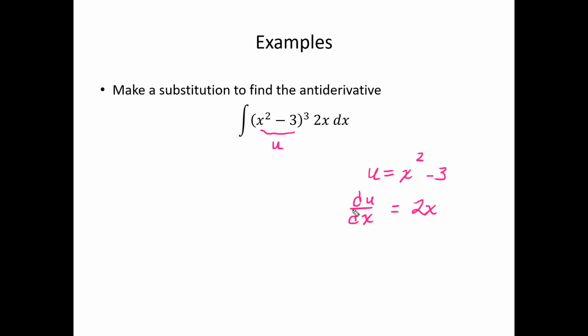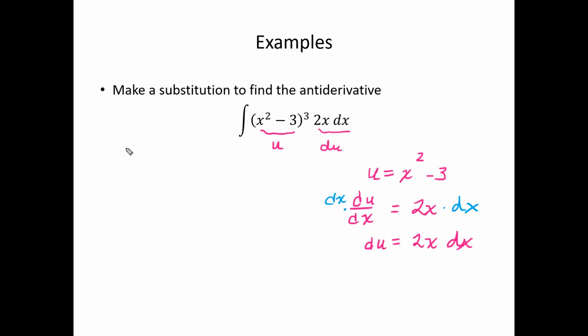I multiply both sides by dx, and this is a step we typically skip. We just say du equals 2x dx, and guess what? That's that piece exactly.